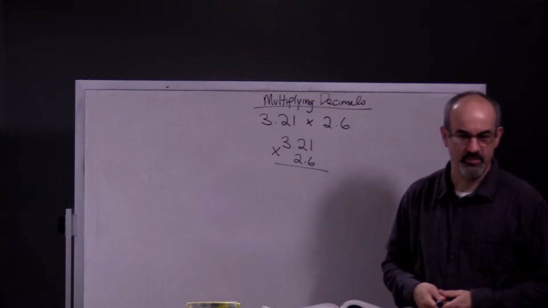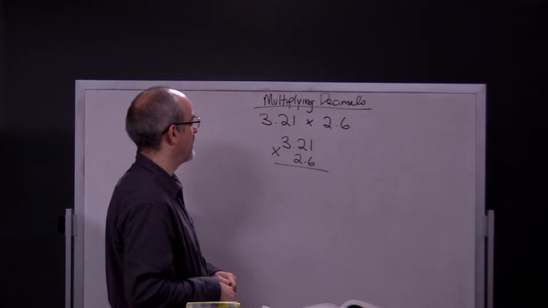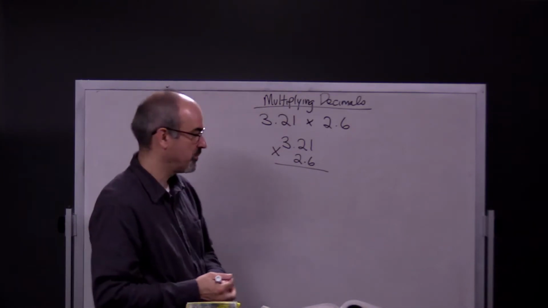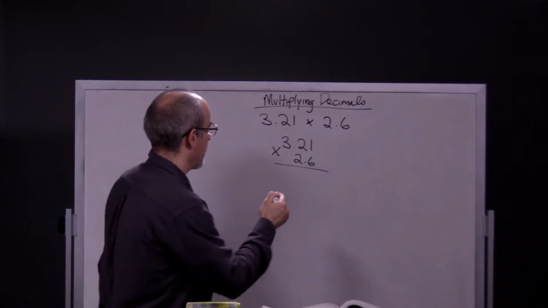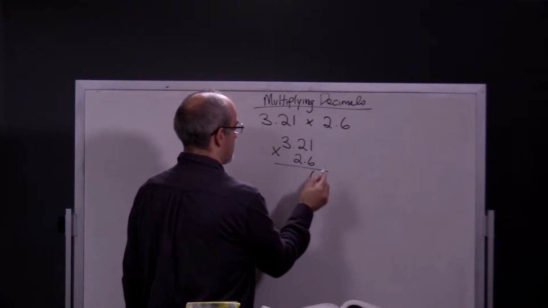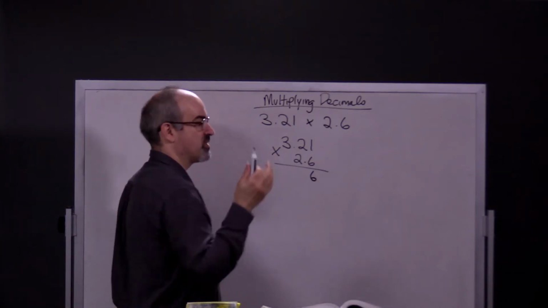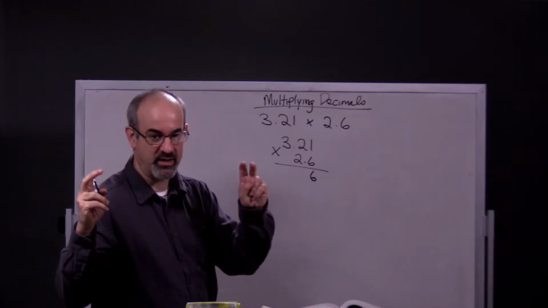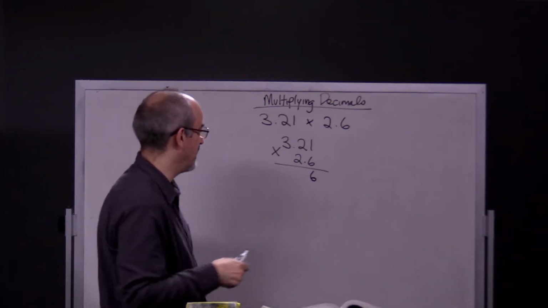Just multiply 321 times 26. Forget the decimal while we're doing it. You could actually do this using the lattice method if you like that, but I'm going to just do it the standard algorithm way.